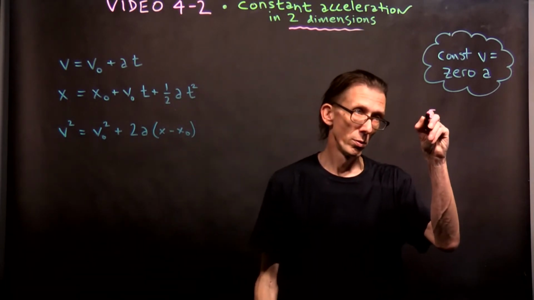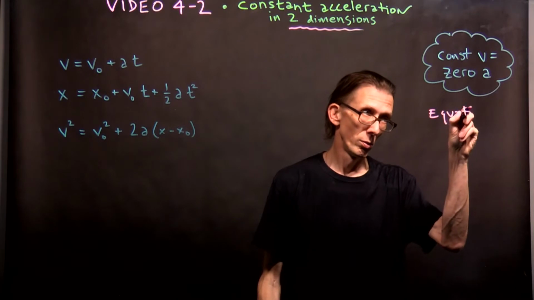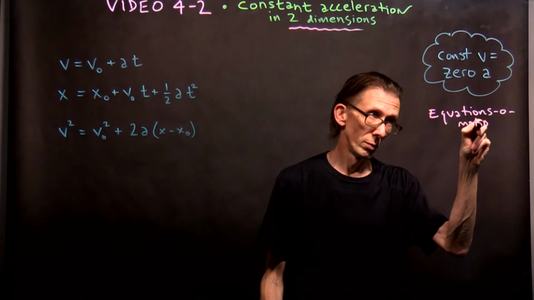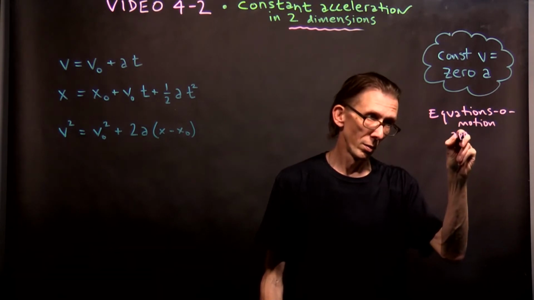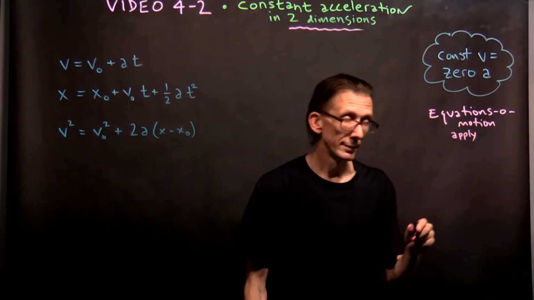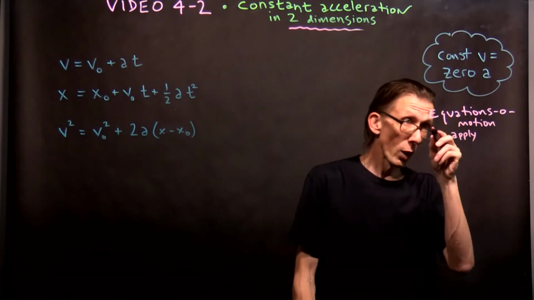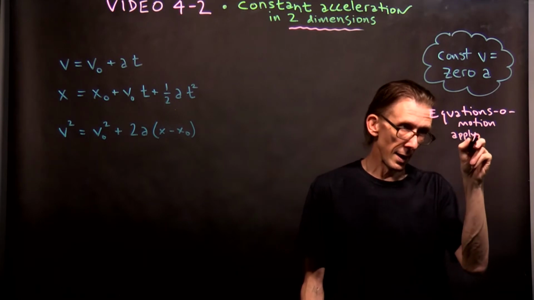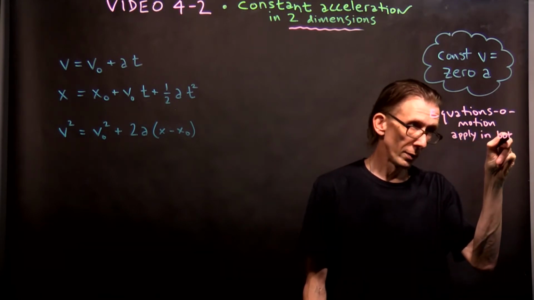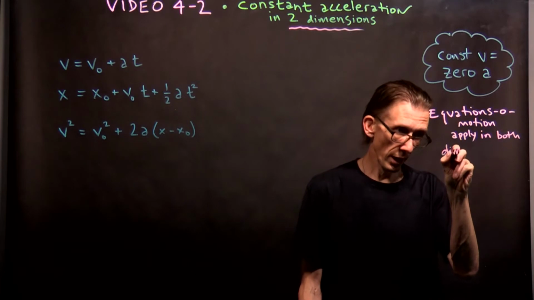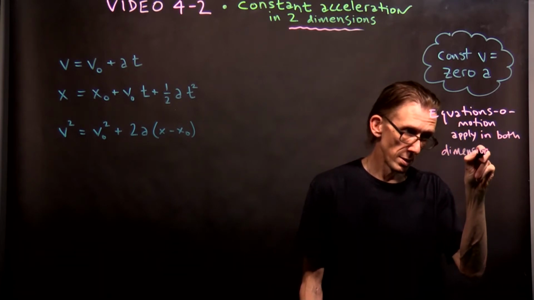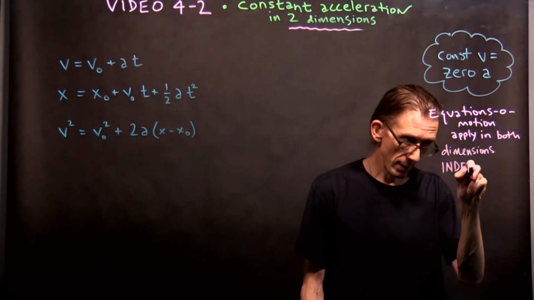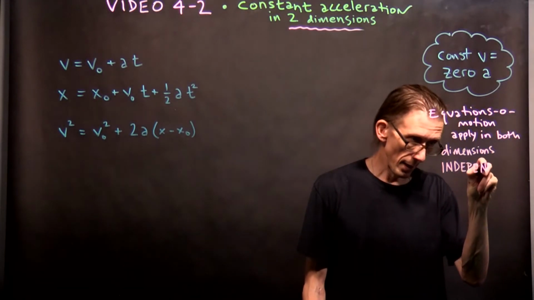Equations of motion. I'll tell you what I mean by independently later, and I'll be very particular about that. Equations of motion apply in both dimensions, x and y, independently.